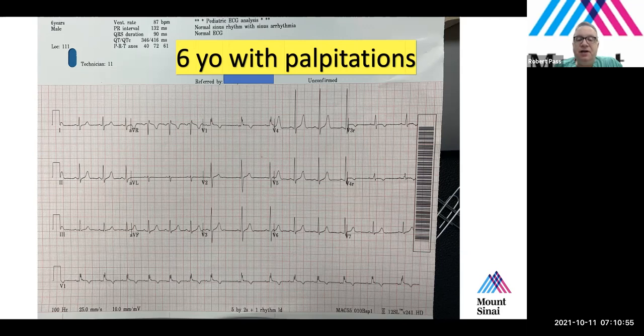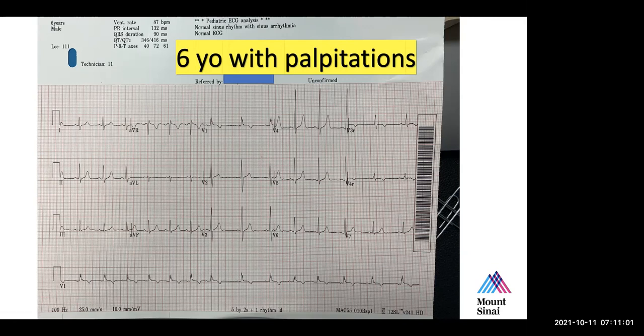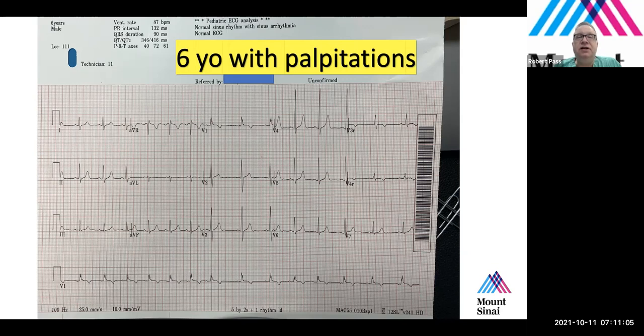If, however, the impulse were starting low in the right atrium, such as in an ectopic atrial rhythm, it's possible that the PR would be much shorter because of the physical distance between where the P wave is starting from, let's say near the mouth of the coronary sinus, where there's an ectopic focus. That would be a so-called low atrial rhythm.